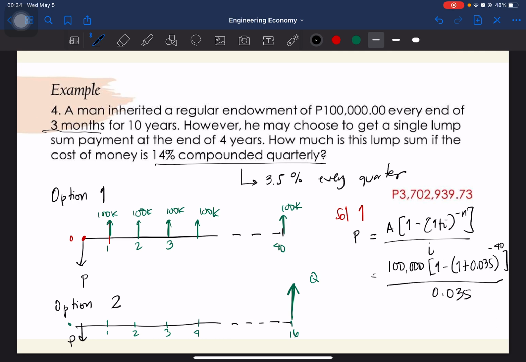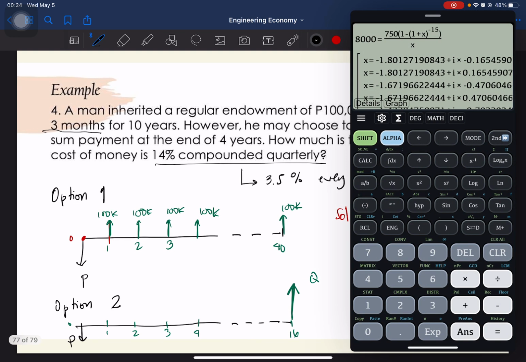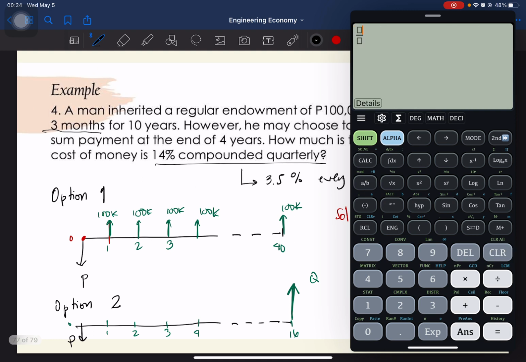Saan galing yung 0.035? Ito na yun, no? 3.5% every quarter. Okay, and if we calculate that, yan, that's 2,100,000. Yun yung iniwan sa kanya. Okay?